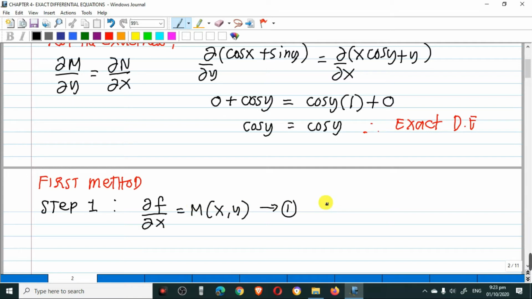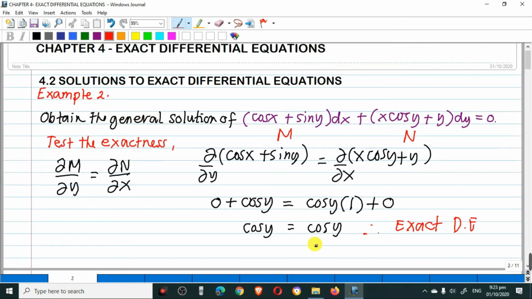And the other equation is the partial derivative of the function with respect to y, which is equal to N in terms of x and y. We will assign this as our equation number 2, where we get our M and N terms from our differential equation, which we proved to be exact. This is our M term and this is our N term.